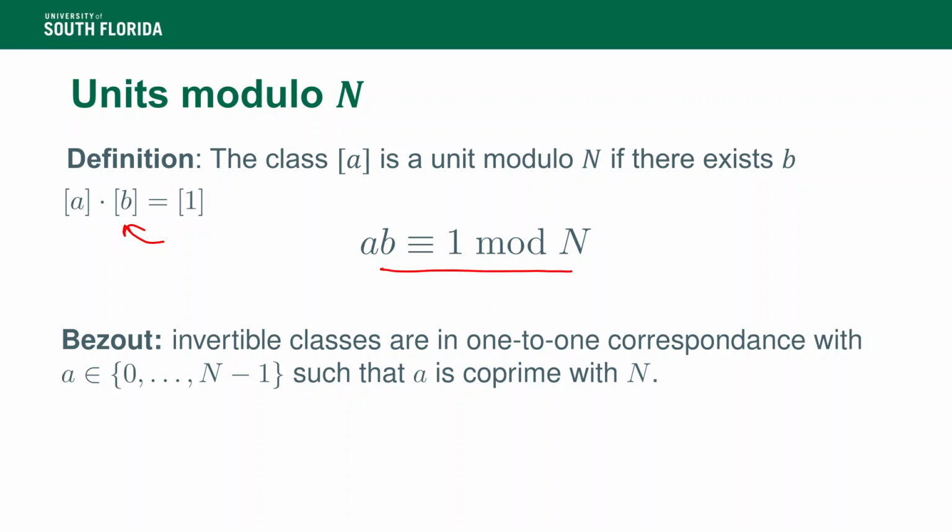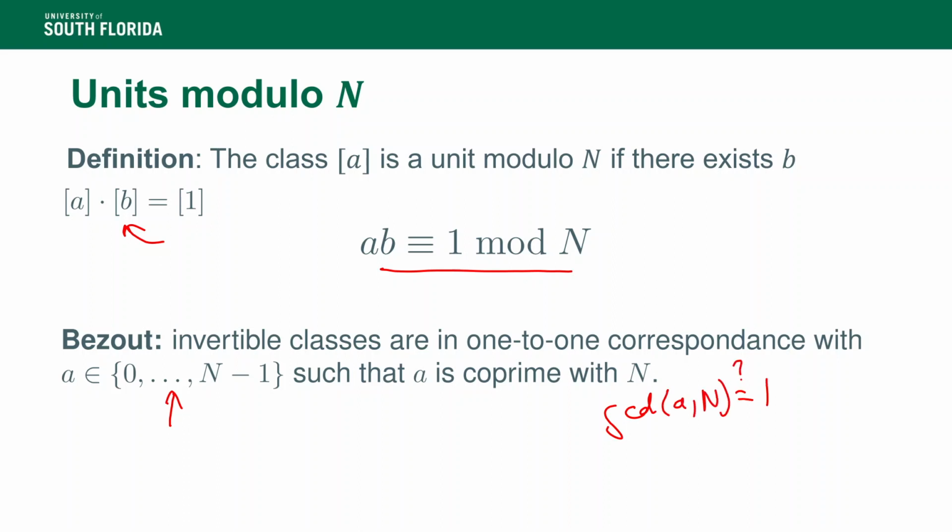So we know that the congruence classes are in one-to-one correspondence with the A between 0 and n minus 1, such that A is coprime with n. Okay, so we know exactly among those elements between 0 and n minus 1, which ones have a congruence class that's invertible modulo n just by testing if the GCD of A and n equals 1.